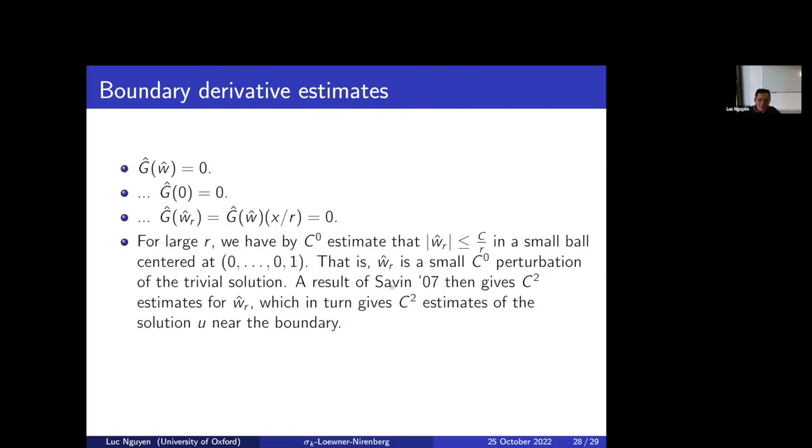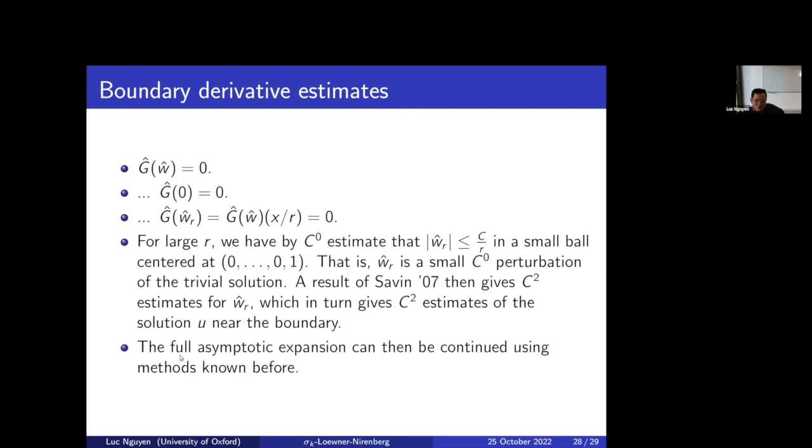And so we can then appeal to a theorem of Savin on small perturbation of solutions to elliptic PDE to say that this W hat r is C2 in a specific location, and if we unwrap it and return to the variable u, we obtain that it's C2 near the boundary.